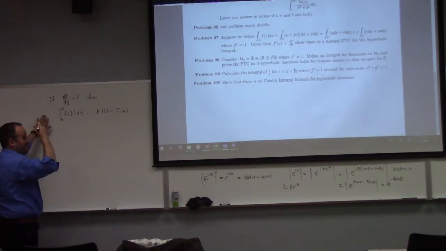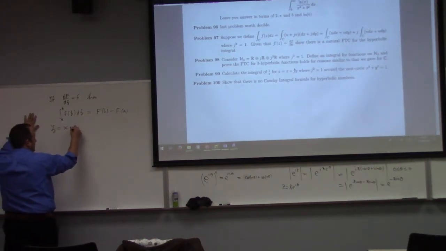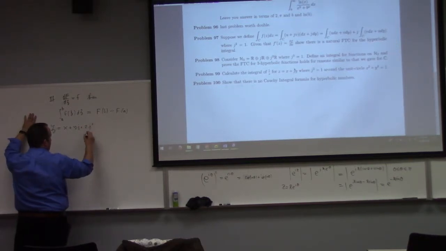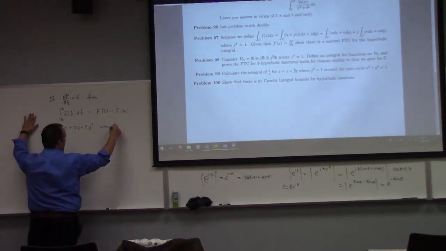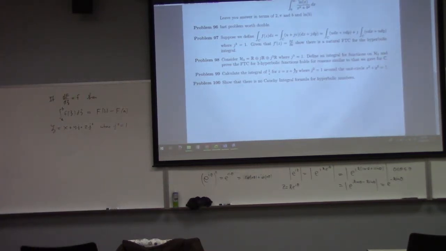And here, the ζ, which I will eventually learn how to write, is a three hyperbolic variable. It has the form x plus yj plus zj squared, where j cubed is equal to 1. I mean, that's the world in which this problem is happening.